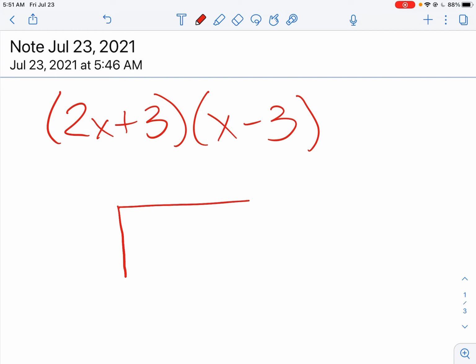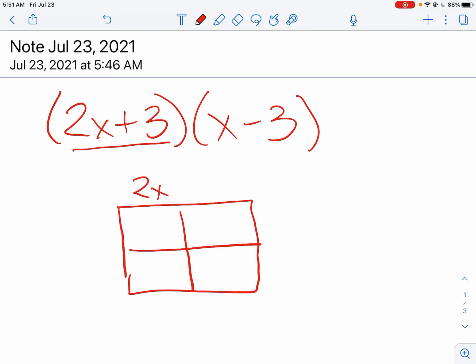What you do is you draw a box or a rectangle, and you take this first polynomial, which is called a binomial, you write it here, and then you take the second binomial and you write it like this.